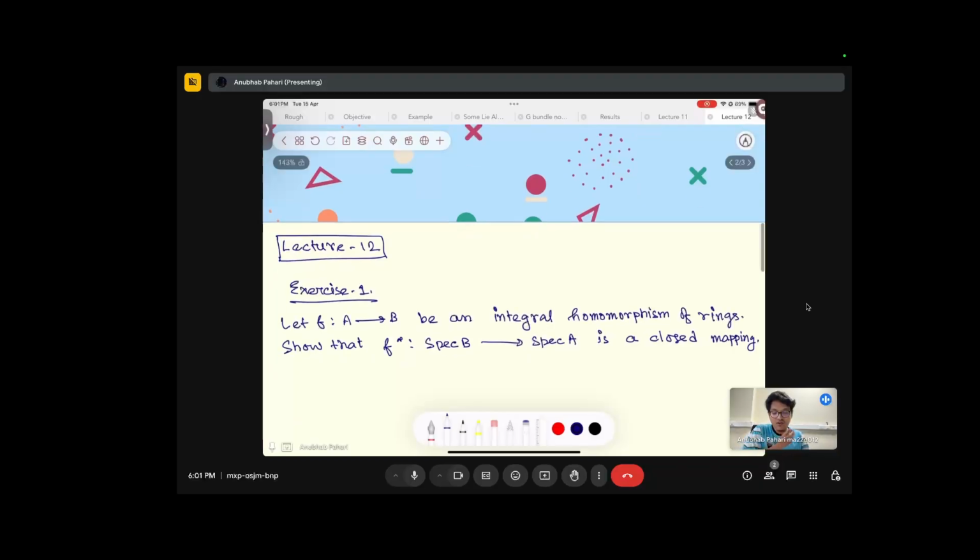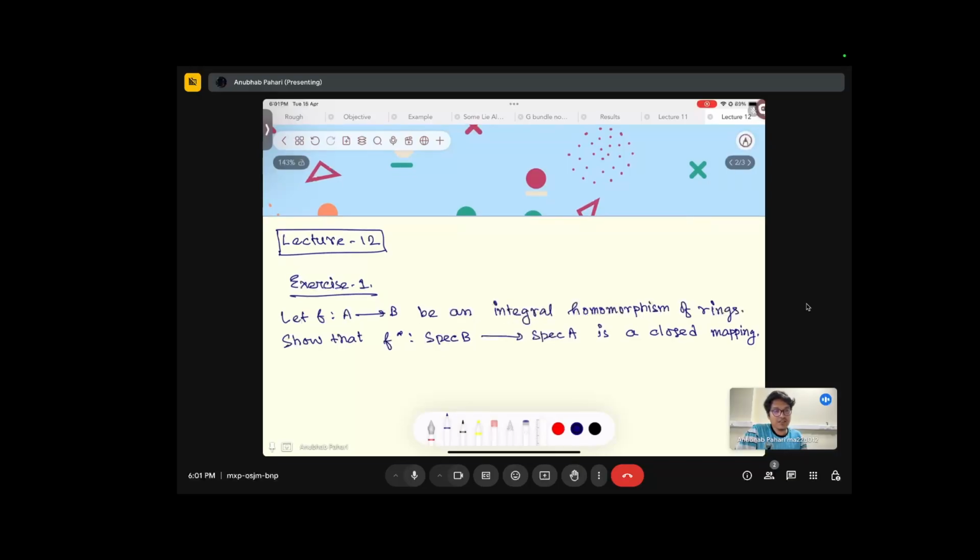This property is called normalization, and you know that integral extension is the same thing as a finitely generated module, that is, a finite map.